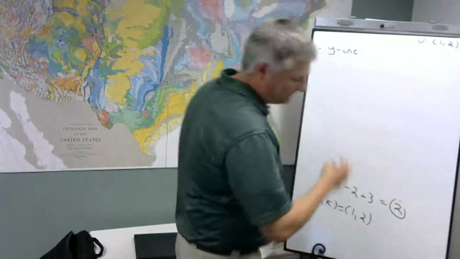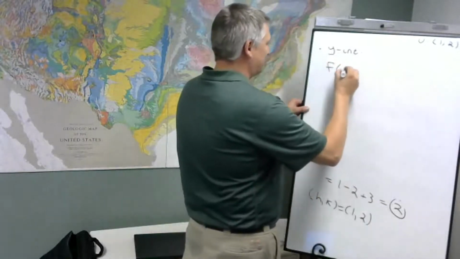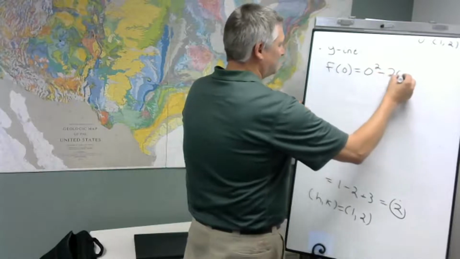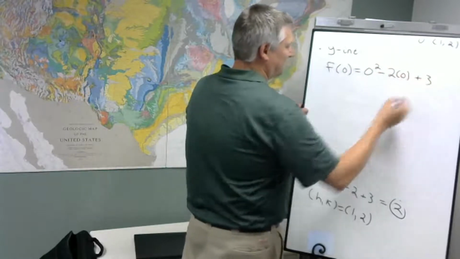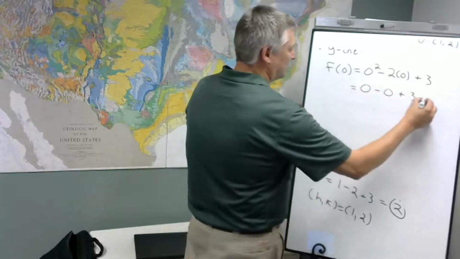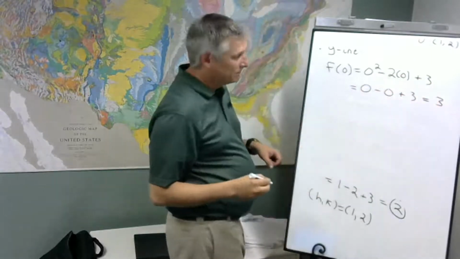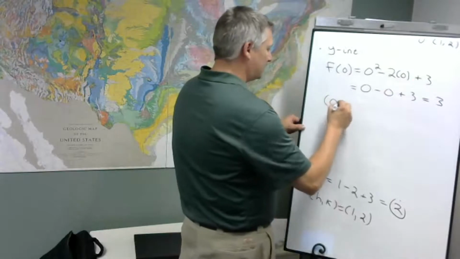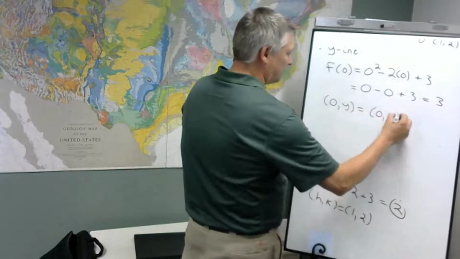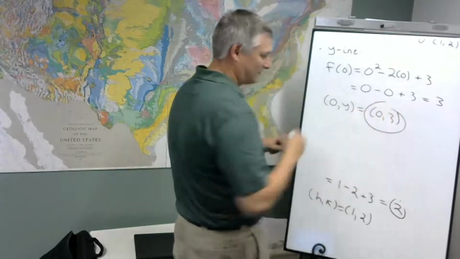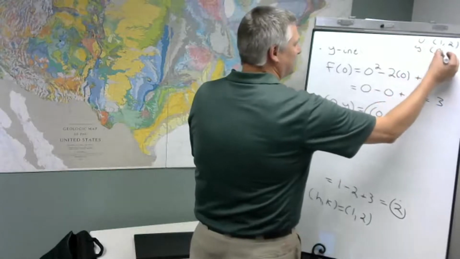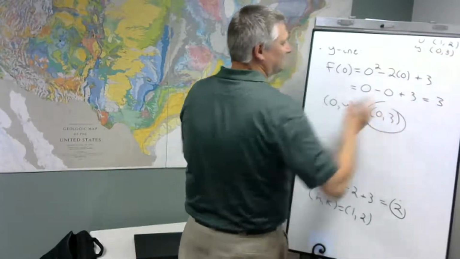So f of 0 is 0 squared minus 2 times 0 plus 3, 0 minus 0 plus 3, or 3. So 0 comma y is 0 comma 3. I'm going to put that off to the side.